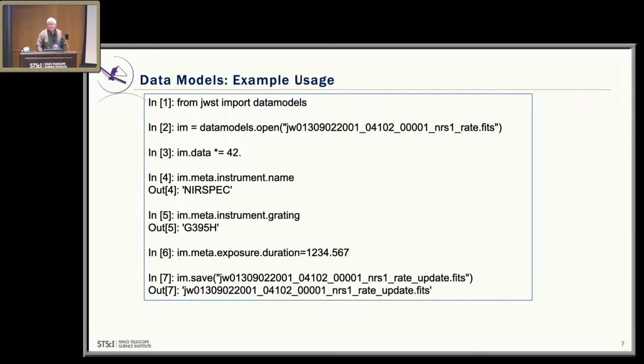And then you can access the whole meta attribute tree as well, which is stored in a hierarchical fashion. We group certain types of metadata under different sections like instrument or exposure and so on. So you've got access to all of those pieces of metadata there in the model. And if you've made updates to it, you can then very easily save the updated model back out to a FITS file just using the save method on the data model.